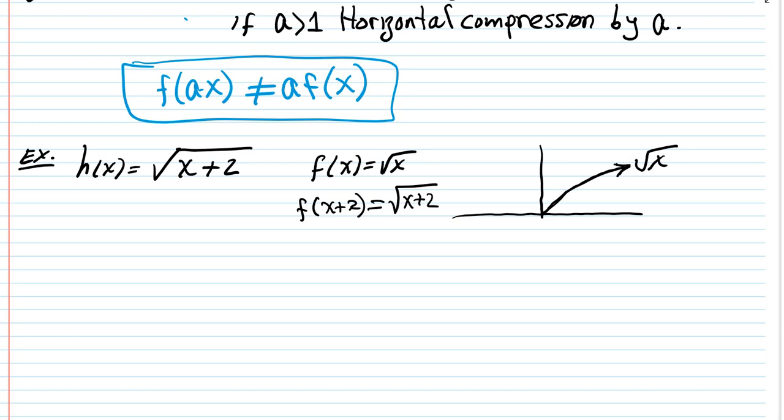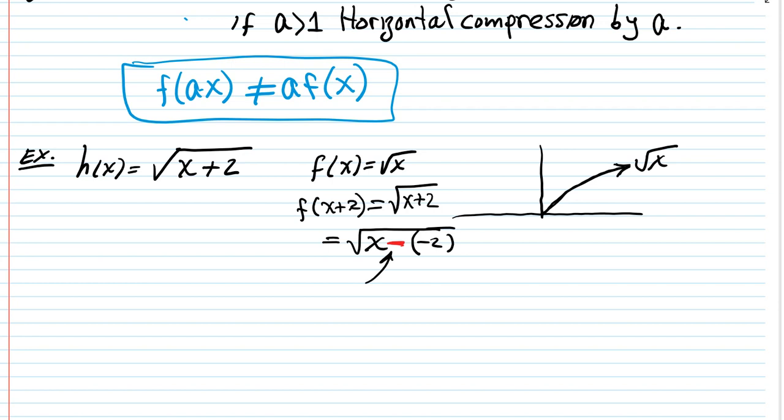Now this x plus 2, I can actually think of as square root of x minus, and then we go with negative 2. The double negative on 2 makes it positive, so I haven't changed the function. So I have square root of x minus negative 2. Again, the key is to have it in this form.